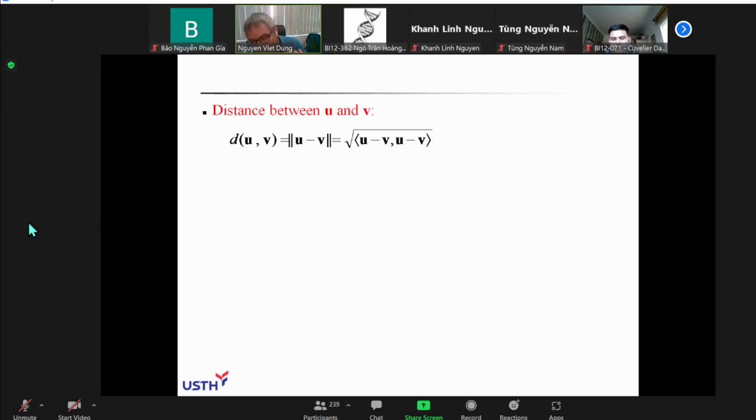Okay, so why do we have a difference between the dot product and the inner product? That is because the dot product is only one kind of inner product. In a vector space, you can have many kinds of inner product, not only one. So you can consider the dot product a canonical inner product, or you can call it the standard inner product.